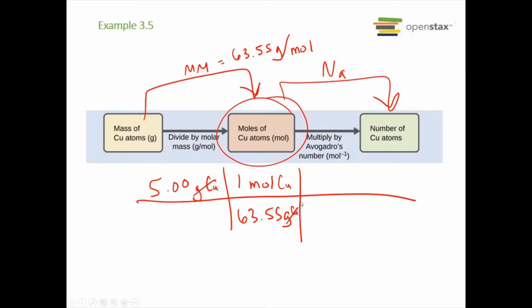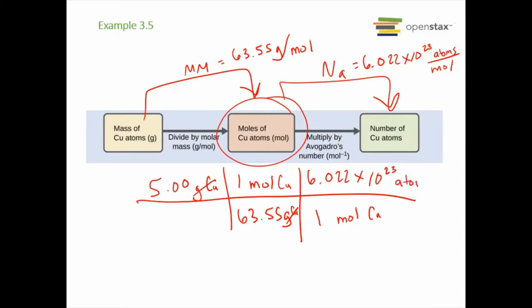And now we need to go from moles to number. And we're going to use Avogadro's number, which we know that there are 6.022 times 10 to the 23rd atoms per mole. And that's how we need it written, because we need to get rid of moles. So those need to be on the bottom, and 6.022 times 10 to the 23rd atoms go up top.